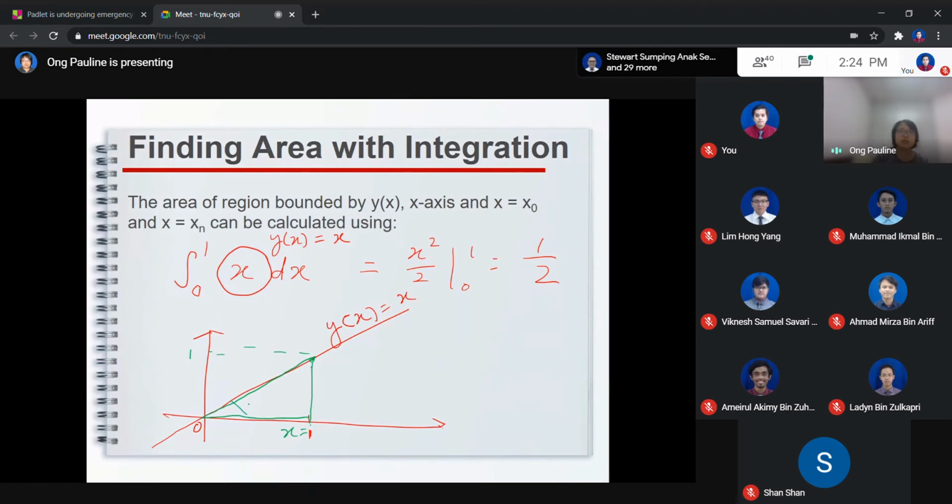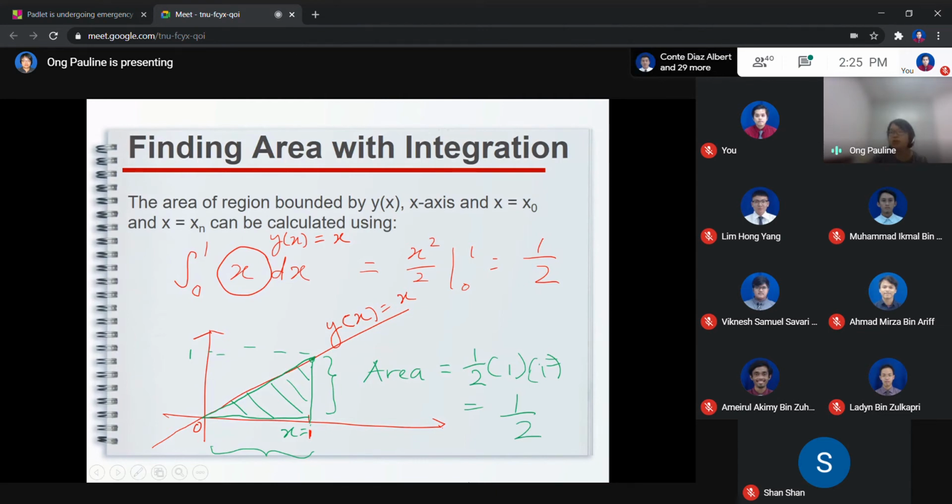If I try to find the area of the region here, you know that this is a right triangle. The area is 1/2 times the base multiplied by the height. The base is 1 unit and the height is also 1 unit, and the answer is 1/2.